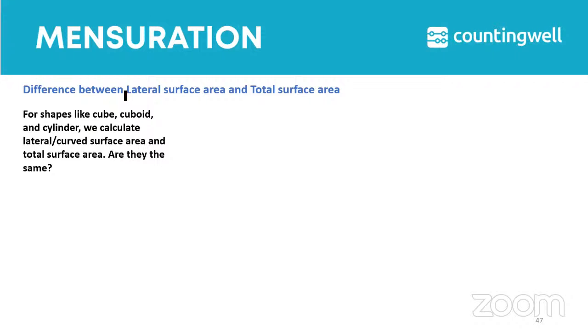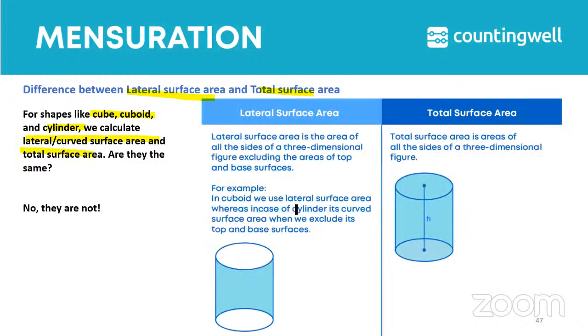Let us see what is the difference between lateral surface area and the total surface area. For shapes like cube, cuboid, cylinder, we calculate lateral surface area and total surface area, but they are not the same. You can see for the lateral surface area, we are excluding the areas of the top and the base surfaces.